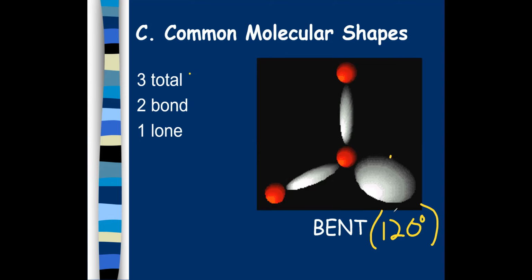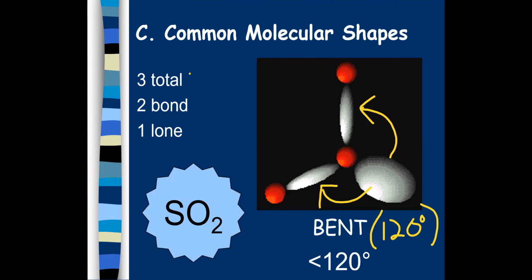But remember, this lone pair is making these get closer to each other. So the bond angle is going to be less than 120. And an example of it is SO2, or sulfur dioxide. Okay, let's clear that. Let's go to the next one.